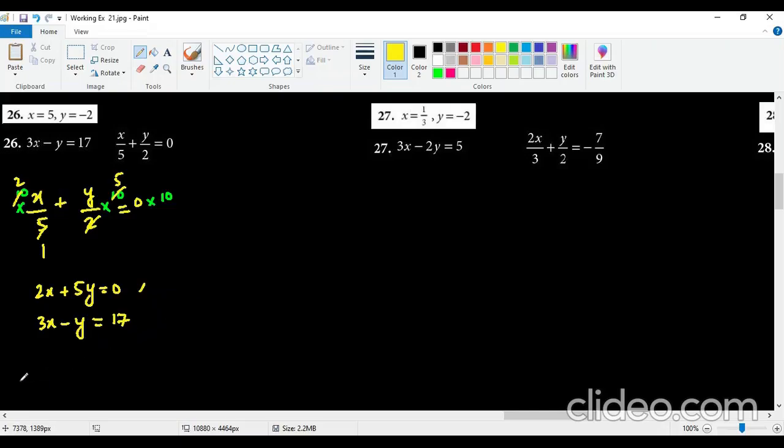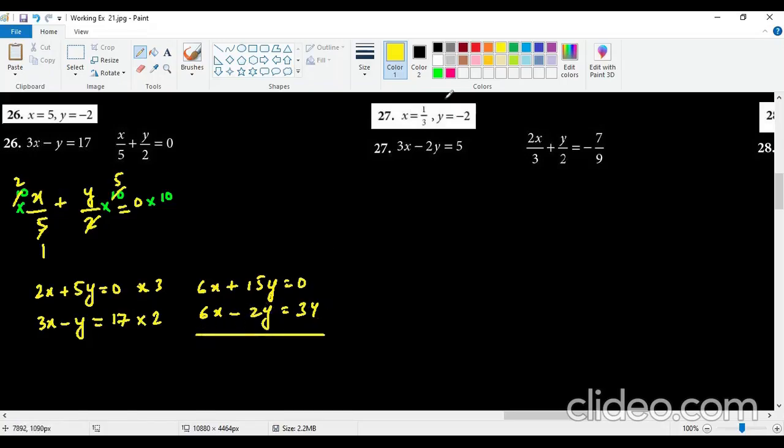So what I will get is 6x plus 15y equals 0, and the other equation becomes, because I'm multiplying this by 2, 6x minus 2y equals 34.